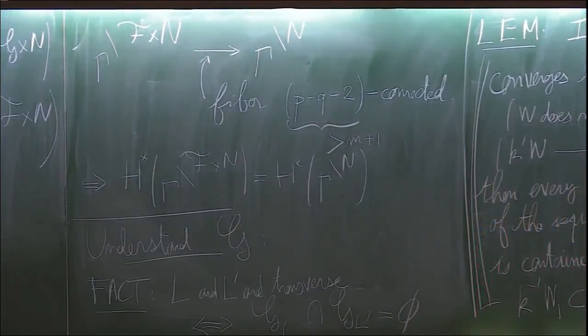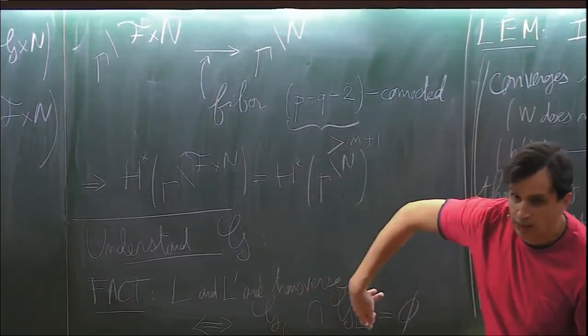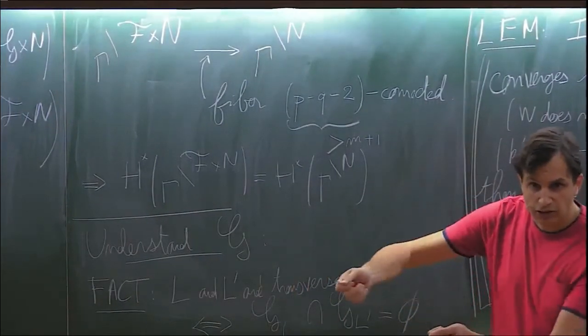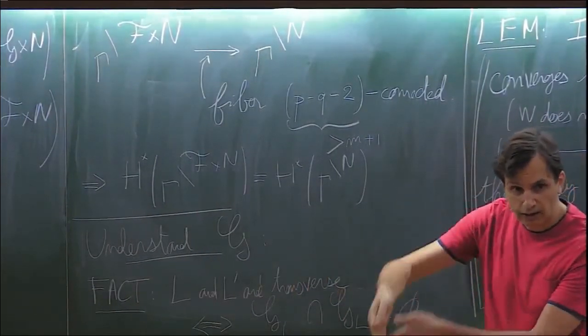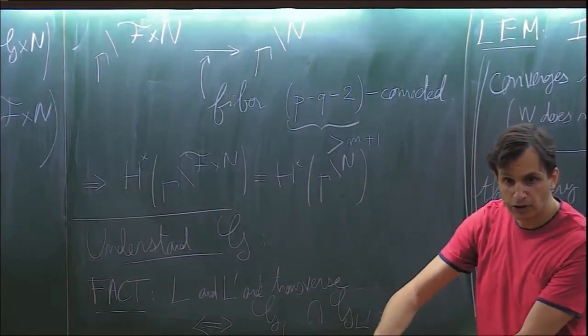So it means that at every point of g, thanks to this property and to the transversality property of the map, I can associate a point in the boundary of the group.